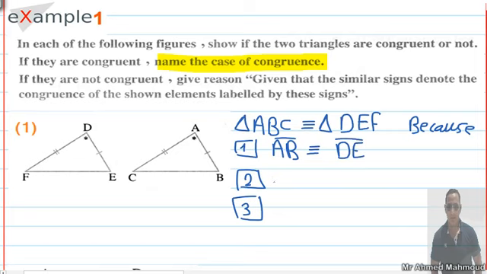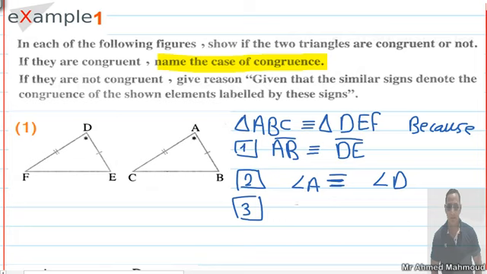Number 2, measure of angle A equal to measure of angle D. But if I need to write the congruent symbol, then I am going to cancel M from here and here to be angle A congruent to angle D like this. You can write equal and you can write congruent. It's up to you.